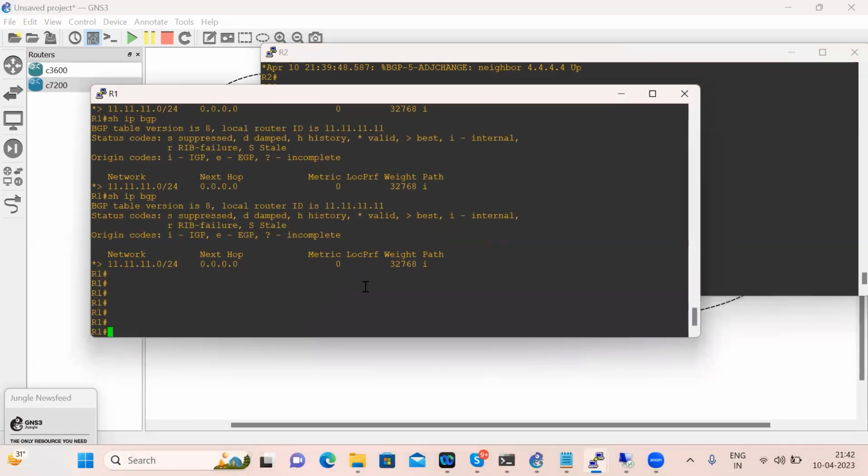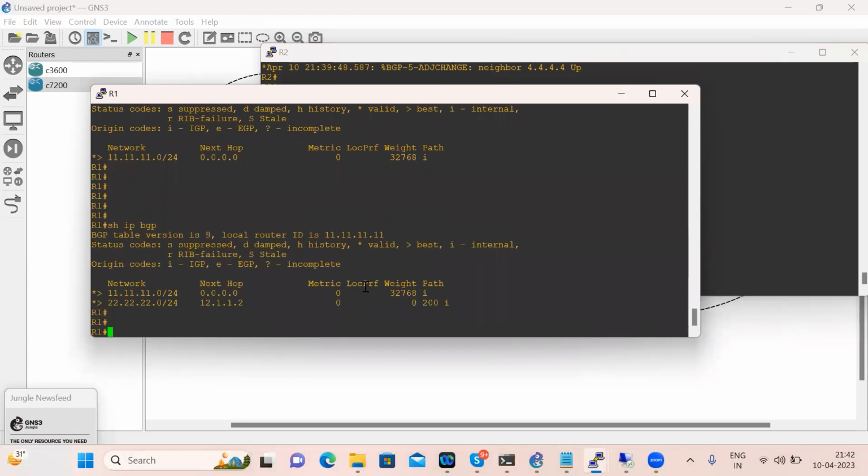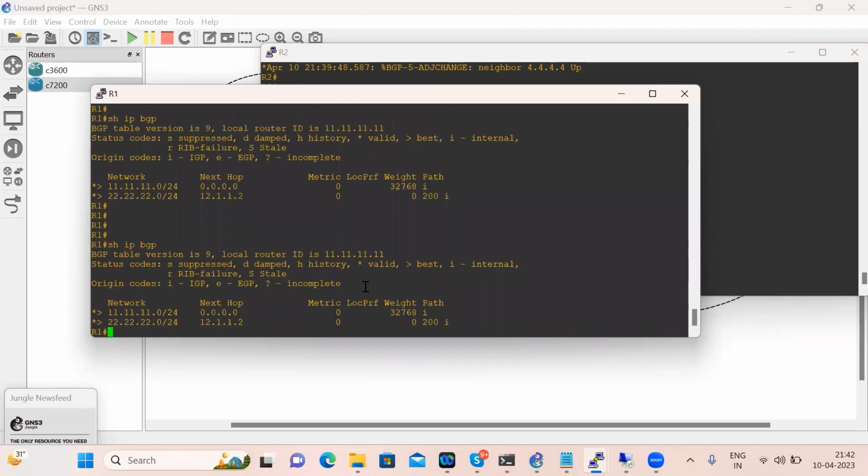For router 2, the eBGP neighbor is router 1. On router 1, if you see show IP BGP, you will only see the networks 11.11 and 22.22. 22 is the connected network of router 2, not learned from any iBGP neighbor.